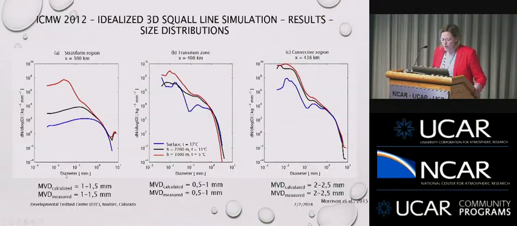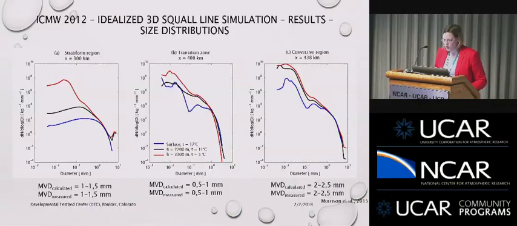If we compare the calculated and the measured median volume diameter, I'm not sure you can see it, they are pretty close to each other. I just give an interval because it's somewhere in between. So in this case, our calculated median volume diameters agreed well with the measured median volume diameters.